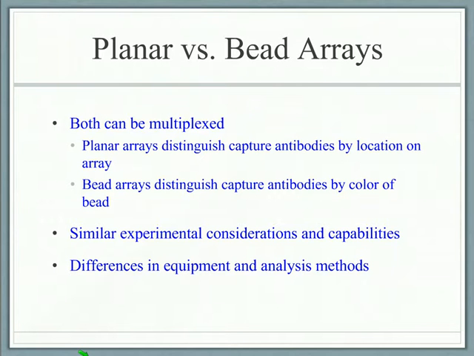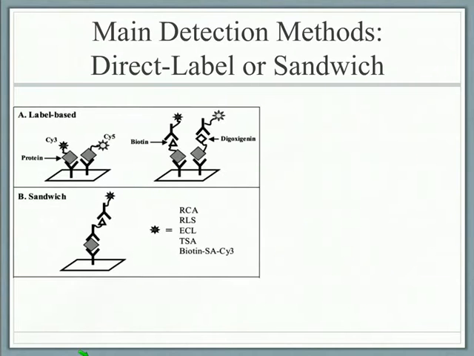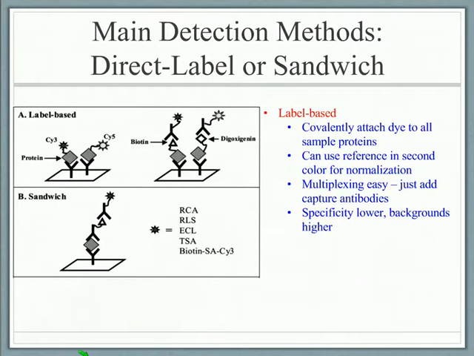With both methods, there have been two main detection methods that have been used in the multiplexing assays, and I refer to those as label-based and sandwich. By label-based, I mean methods where a dye is attached to all the proteins in a sample.